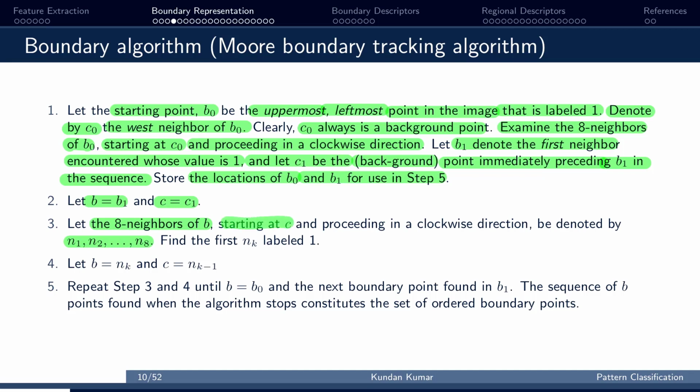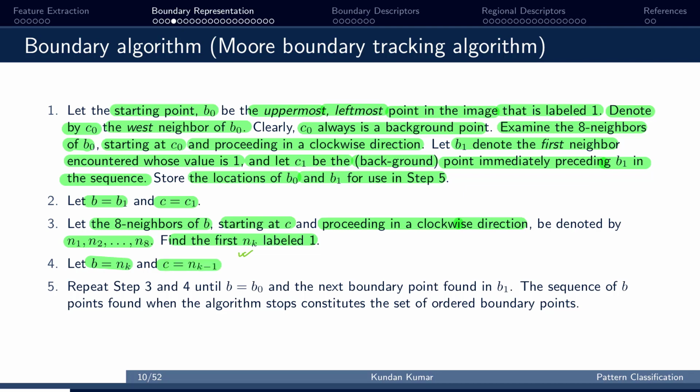So we will start from C and we will traverse the pixels in the clockwise direction. Find the first Nk labeled as 1. Then we assign Nk to variable B and we assign Nk minus 1, which is the previous pixel, to C, which belongs to the background.